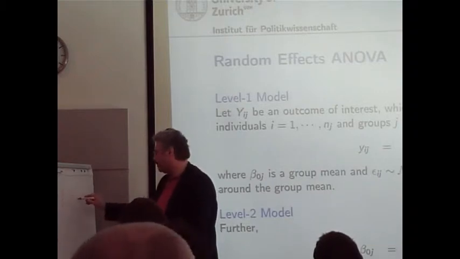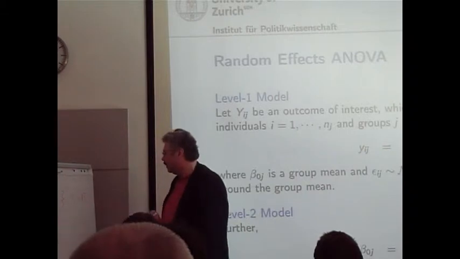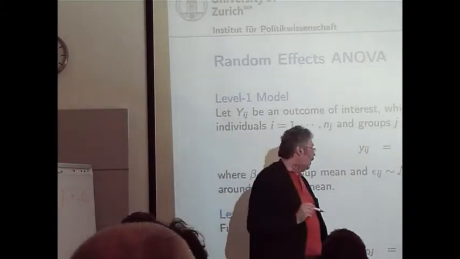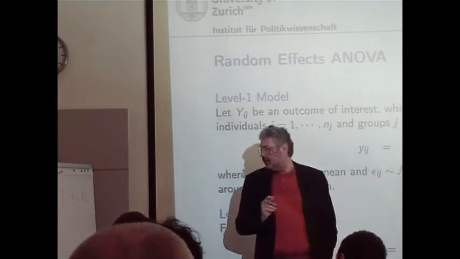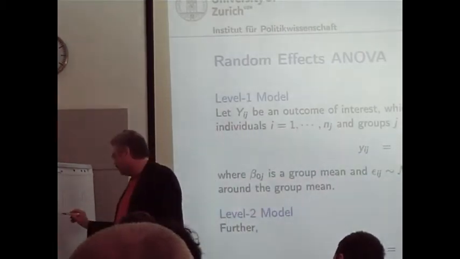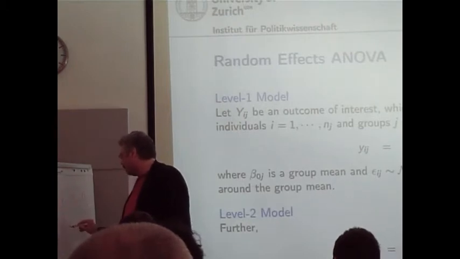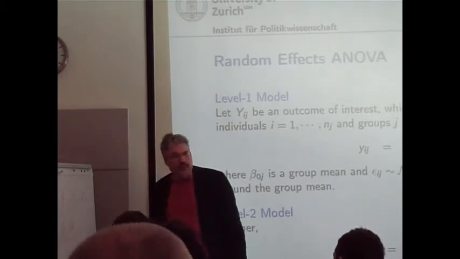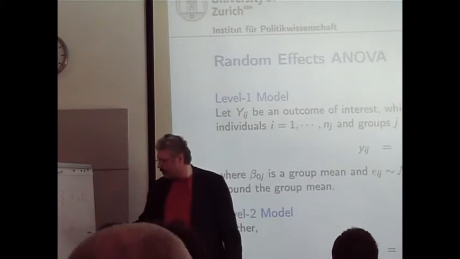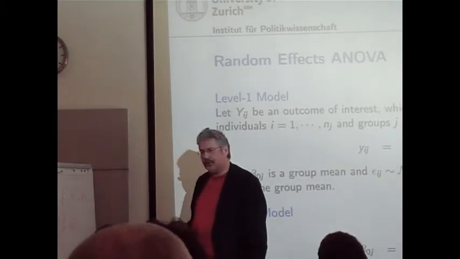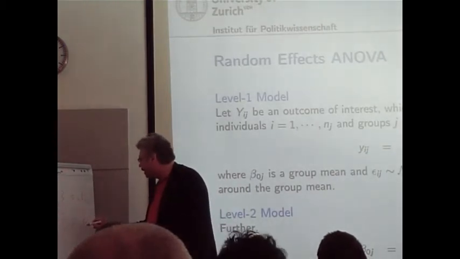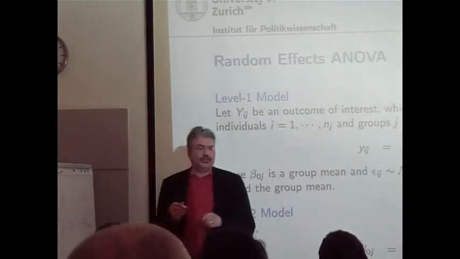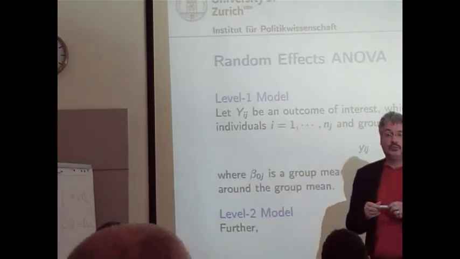So if this was the population, then it would be beta 0,1. We substitute the 1 for j here. And in my second group, the average in that group, negative 10 plus 0 plus 10, 0 divided by 3, is 0. That would be this beta 0,2.